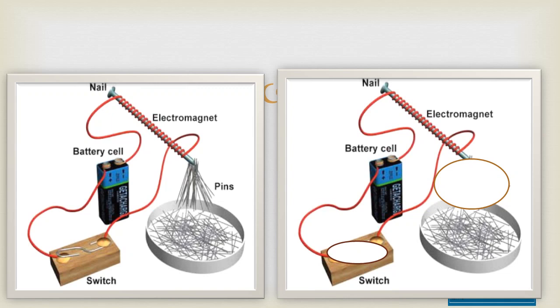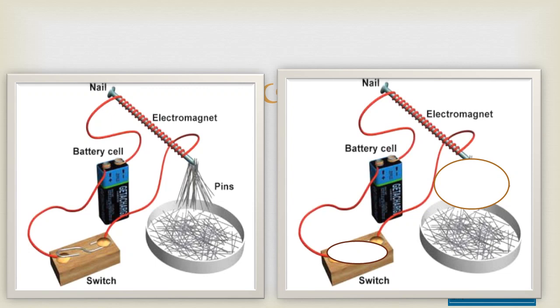What we will do is connect the two ends of the wire in a circuit as shown in the diagram. You can see a red wire connected to the two ends of the wire in a circuit, and also we have to connect an electric cell. You can see a battery cell, an electric cell, and a plug key or a switch in the circuit.